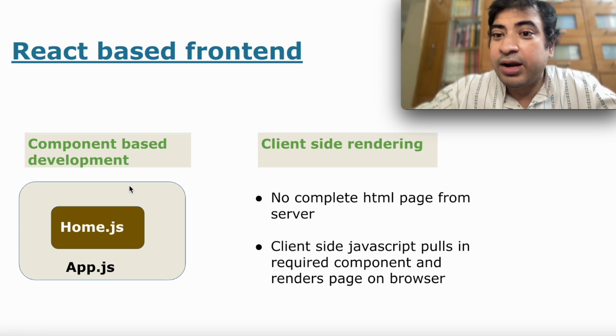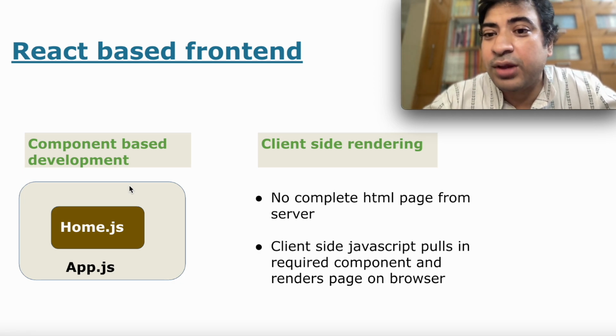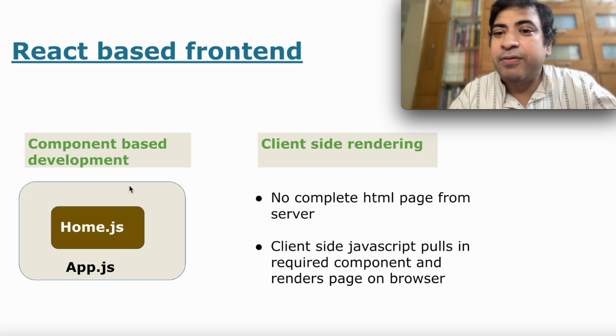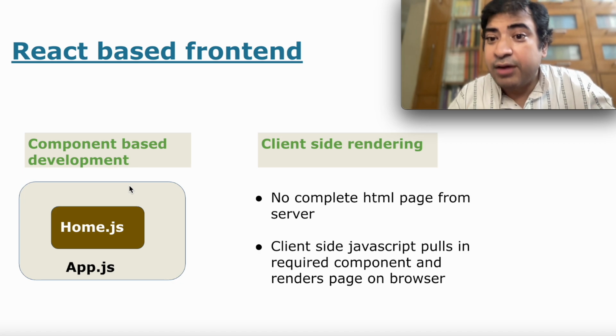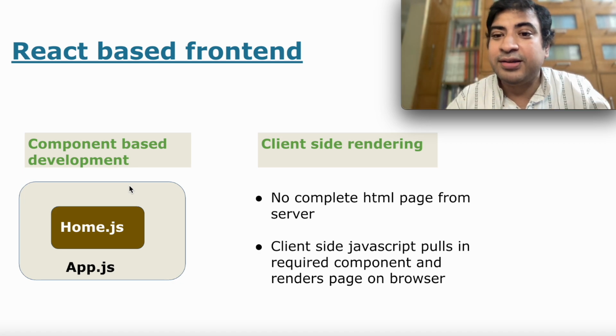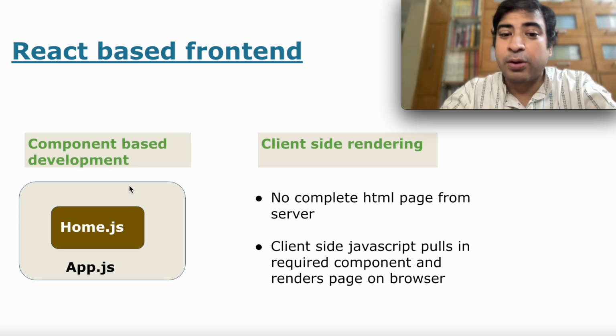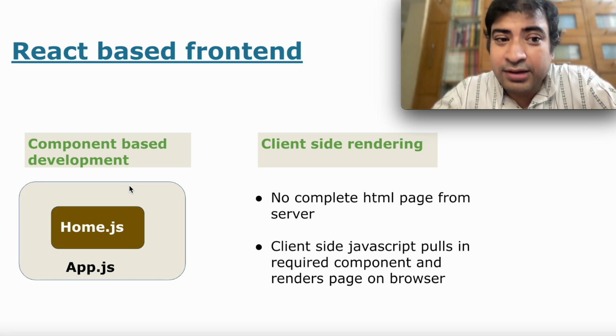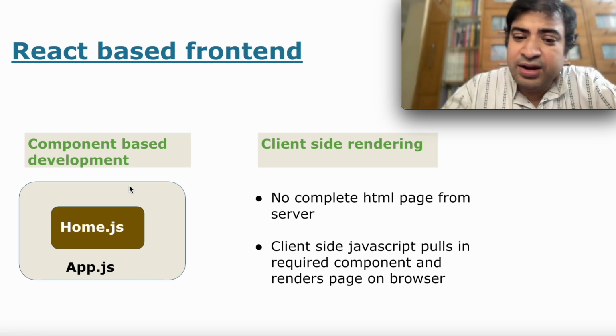It does not do the rendering on the server, so the HTML is not created on the server and brought to the client side. Rather, the React.js library brings everything from the server to the client, which is the browser, and then renders the page on the browser. So that is known as client-side rendering. These are two important things of the React-based framework that we need to keep in mind.